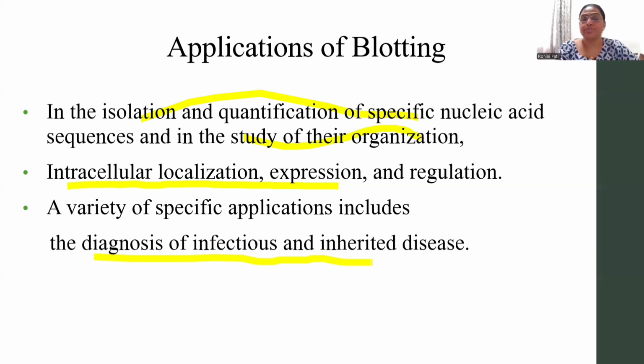Then there are procedures like the blotting of nucleic acids, that is the southern and northern blot, then the dot blot, then the colony and plaque lift assay. We have learned in detail about the southern blot; you may watch that video, which was previously uploaded. Now, I think you have a clear idea about the blotting.